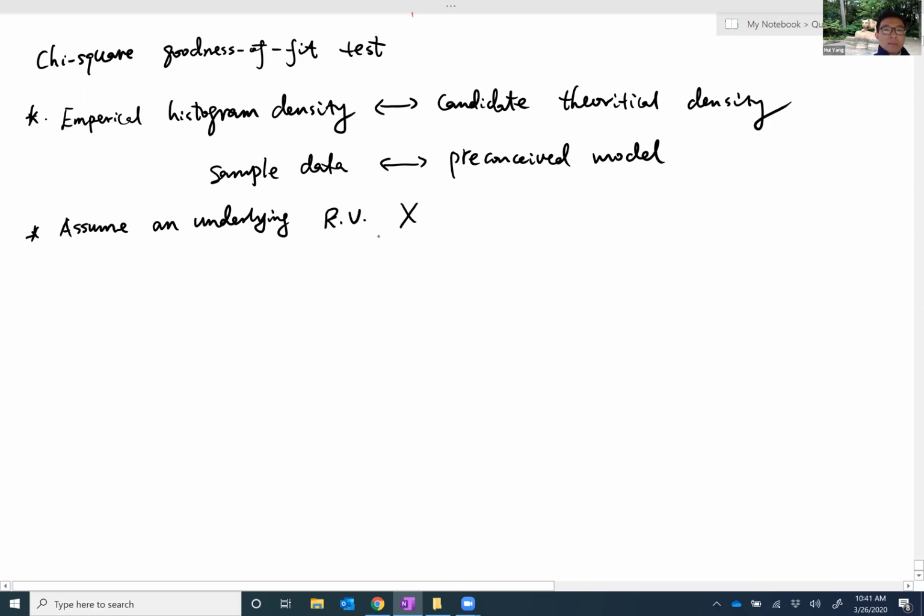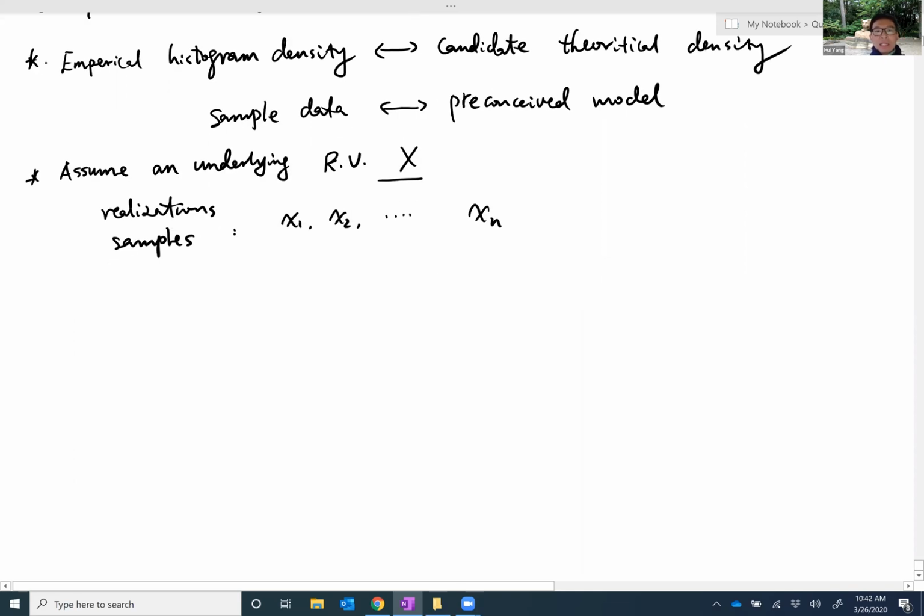Obviously, if you have a random variable, you will have samples or realizations. You just draw random samples out of this distribution. Then what you are going to have is x1, x2 to xn. This is what we call data.